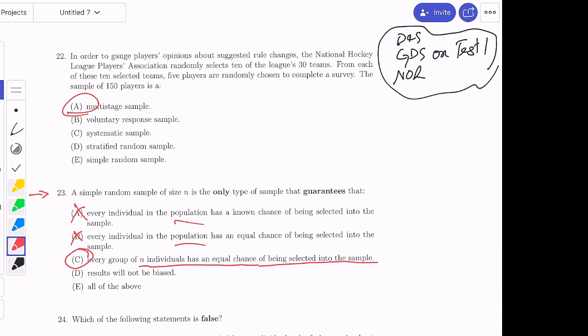So, like, I take a list of volunteers. It does say each member of the population is equally likely to be chosen.